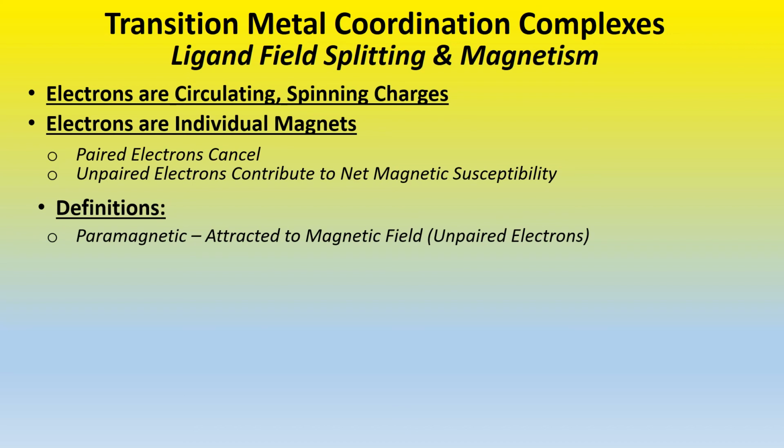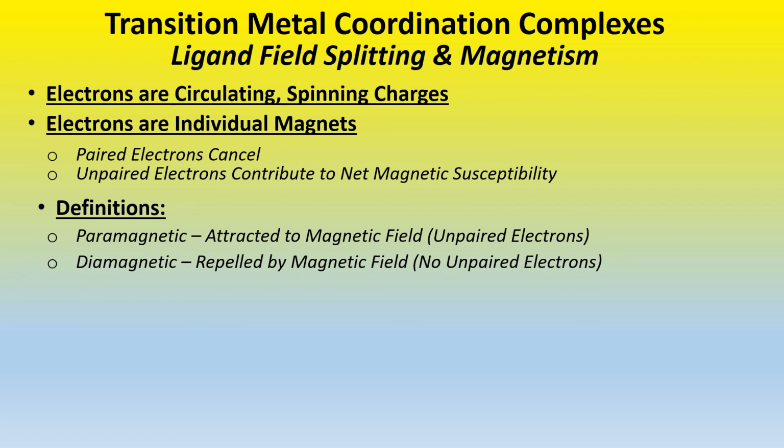Paramagnetic, the thing that one thinks of as sticking to other things, is something that is attracted to a magnetic field, in other words, that has unpaired electrons. At the opposite end, diamagnetic, something that is repelled by a magnetic field, has no unpaired electrons.